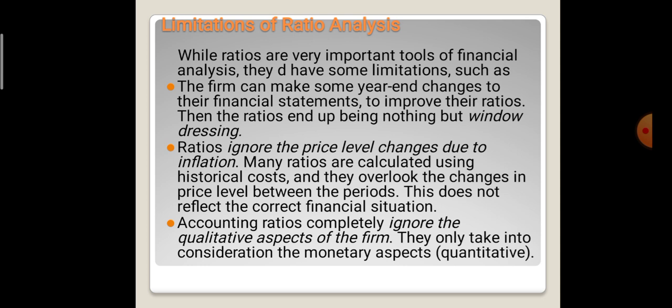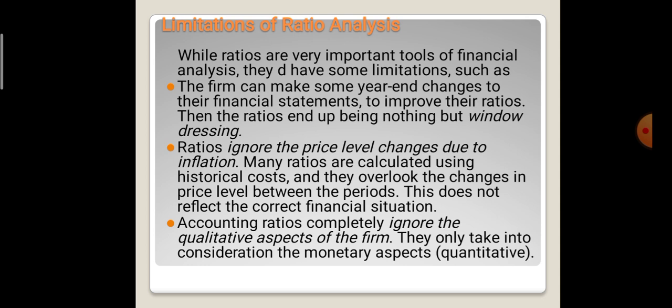Now coming to the second one: ratios ignore price level changes due to inflation. Many ratios are calculated using historical costs and they overlook the changes in price level between the periods. This does not reflect the correct financial situation.